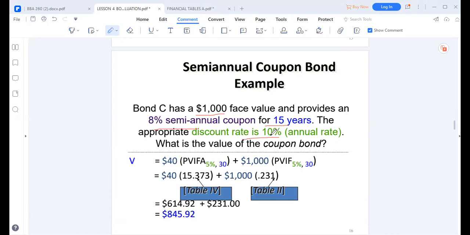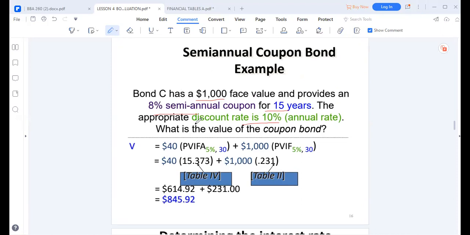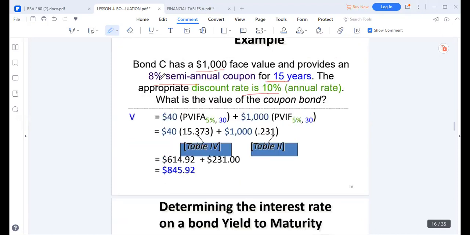This 10 becomes 5, and this becomes 4. So 4% of 1,000 is 40. 5%, 30 is because of what we have just explained. So when you check in the table, you're getting these figures, and you compute our value of the bond will be 845. So this is how we calculate the value of the bond.